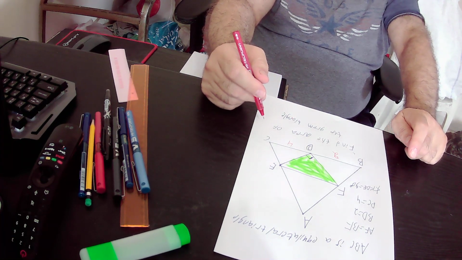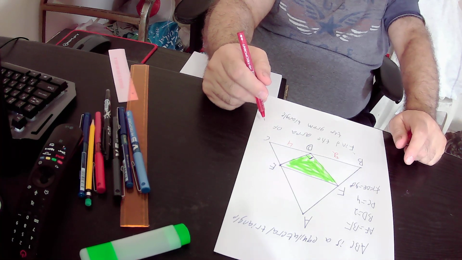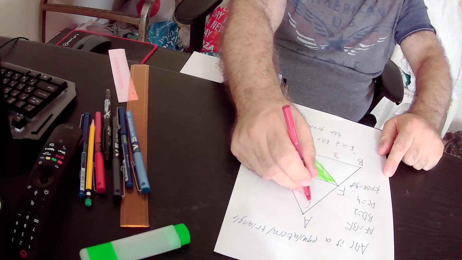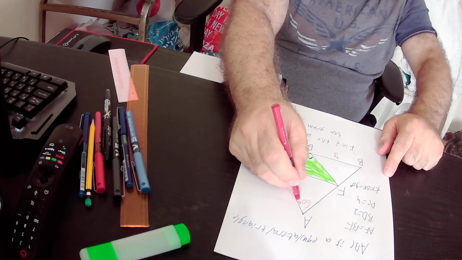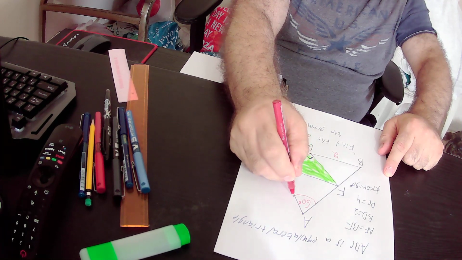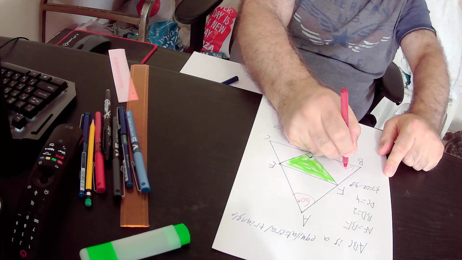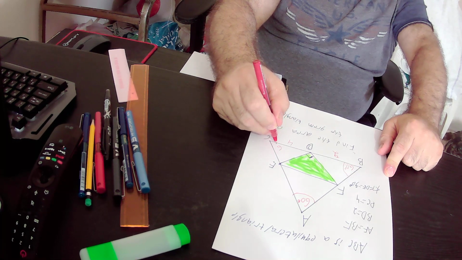First of all, in an equilateral triangle, all the angles equal 60 degrees, so we can write here that this angle is 60 degrees. Also, this angle is 60 degrees, and this angle is also 60 degrees.